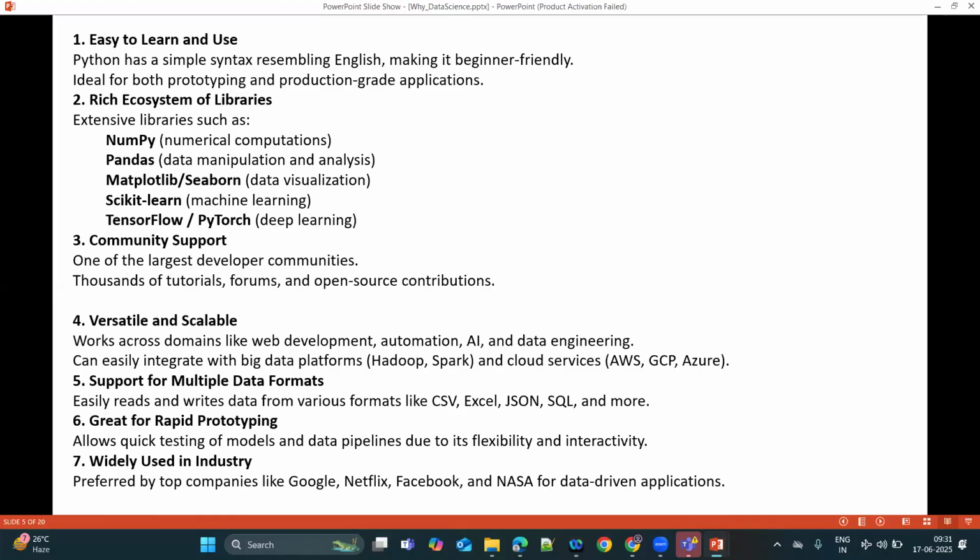To be frank, sometimes the syntax simply resembles general English. I can say that for developers, beginners, freshers, and those stepping into the data science career path, I suggest first going through the Python language. It is very beginner friendly and everyone can understand.